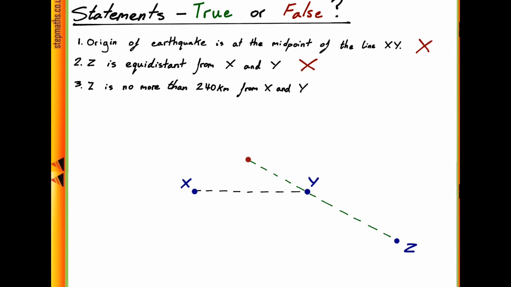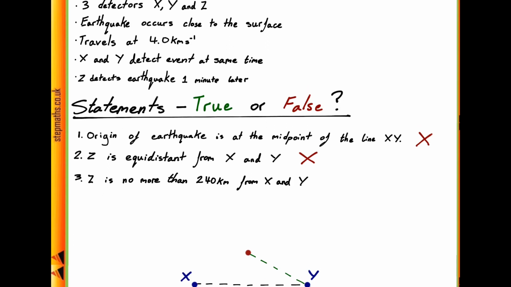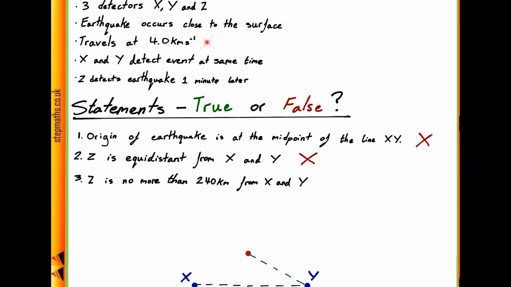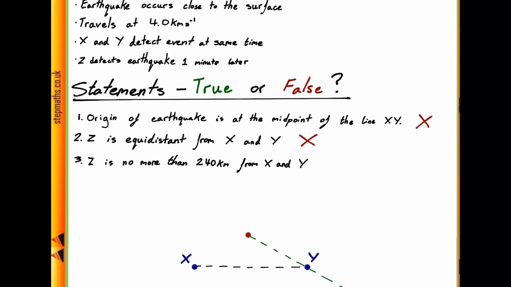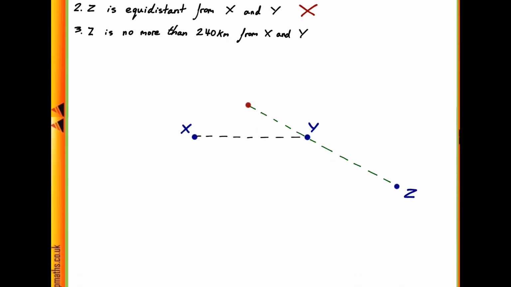So now, let's think about how far our point Z is from Y. We can use the information we were given. We're told that the wave travels at 4 kilometers per second, and it takes 1 minute for the wave to travel from Y to Z. So we can work out the distance between Y and Z in this easy case.